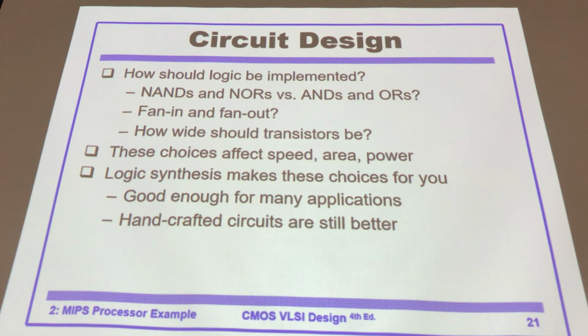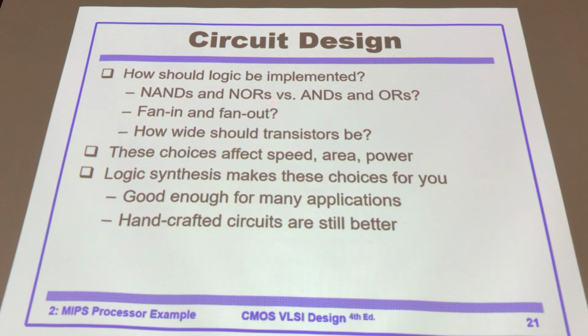We mentioned this before: NAND gate and NOR gate versus AND gate and OR gate. As I said, an AND gate is composed using a NAND gate and also an inverter, and an OR gate is composed of a NOR gate and an inverter. So typically, NOR gates and NAND gates are simpler than AND gates and OR gates.